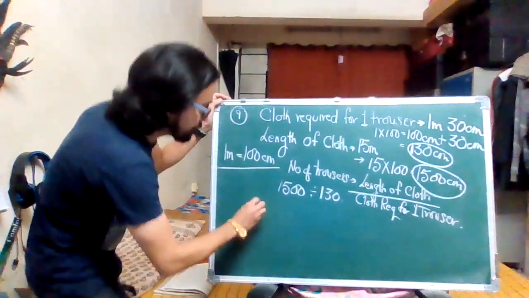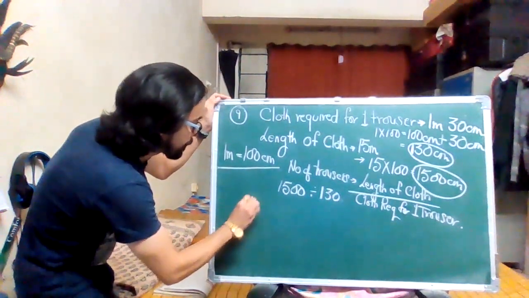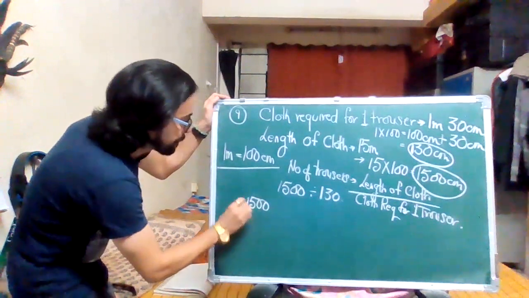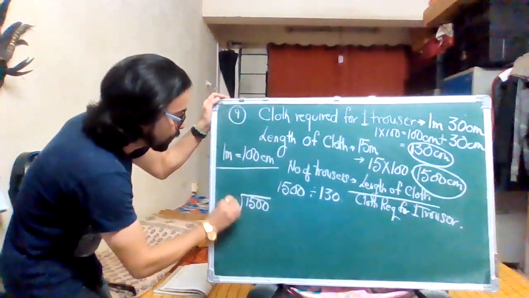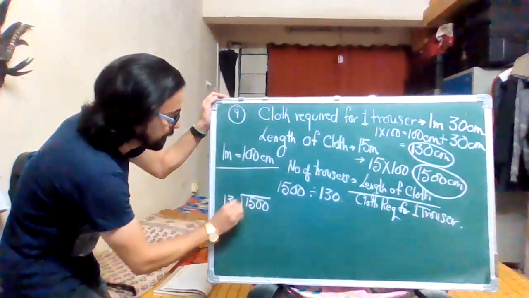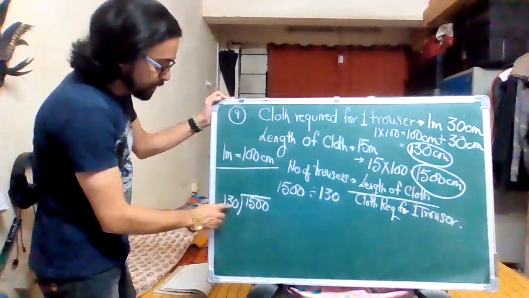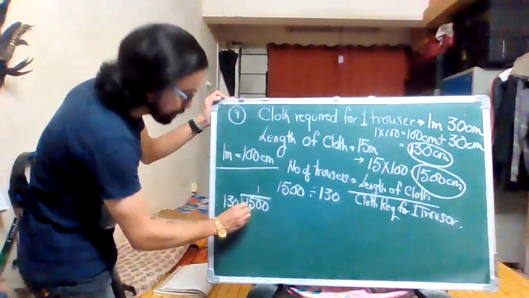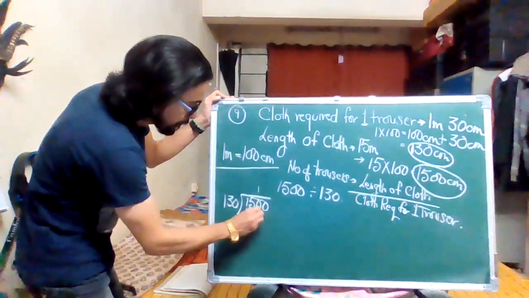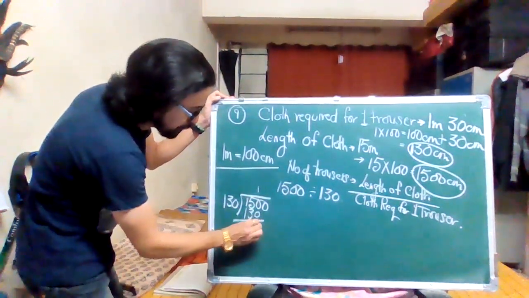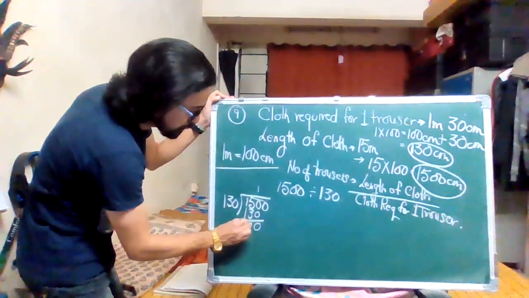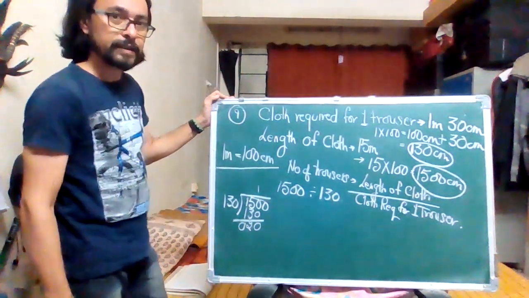So now I take 1500 and I divide it by 130, and I see what answer I get. Now 130 goes into 150 one time. I get a remainder of 20.